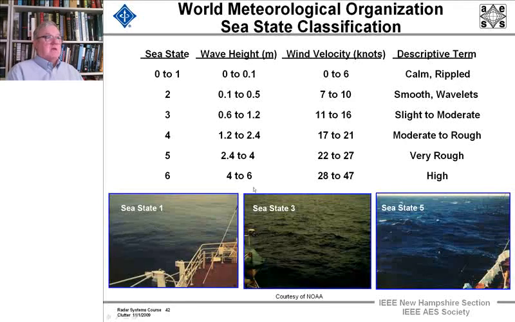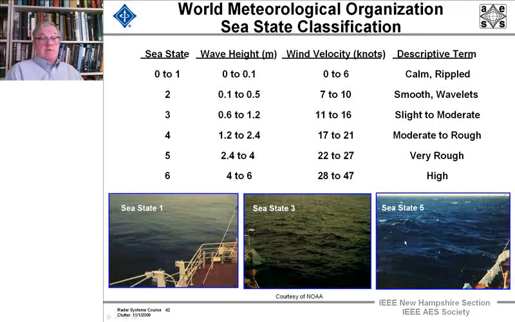Sea State 3, which is down here, goes from a wave height of 0.6 to 1.2 meters, the range of the wave height above the mean, and I think of it as 10 to 15 knots, 11 to 16 knots, slight to moderate.